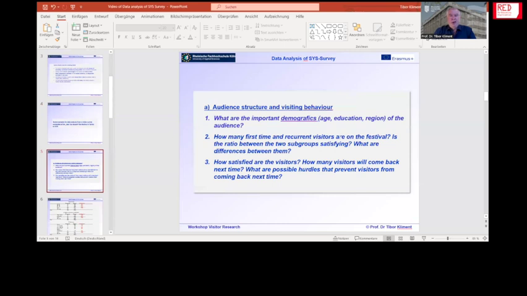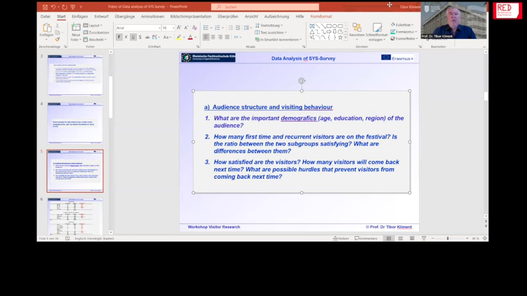Now we'll address two areas of interest. The one is audience structure and visiting behavior. This is an area of interest that is important in every visitor study.